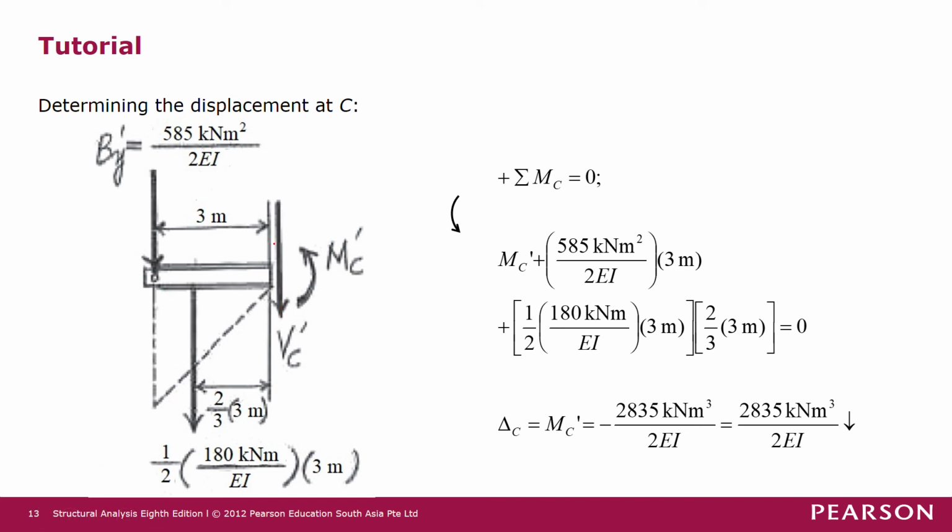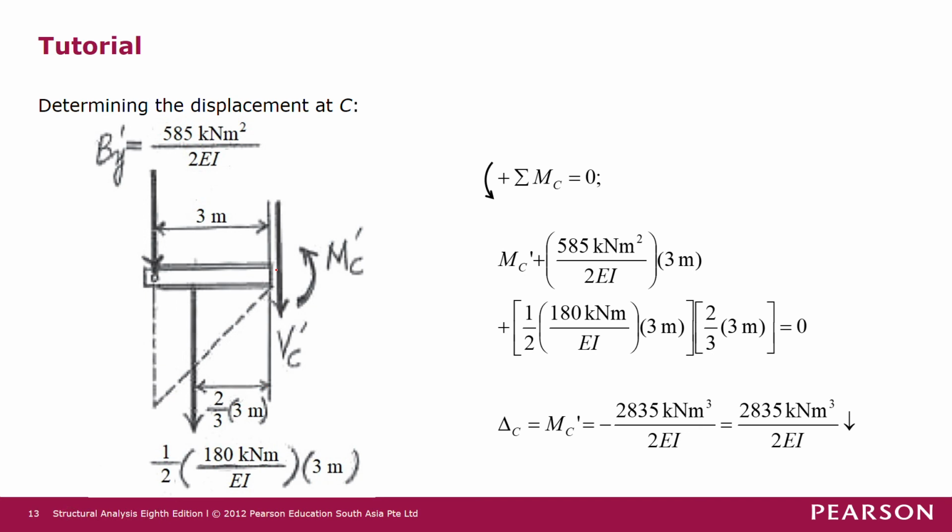So on this free body diagram, we have this triangular load, and when we calculate the resultant, it is 180 kilonewton meter over EI here, multiplied by 3 meters multiplied by half. So that will be the magnitude of the resultant force of the triangular load there. And then the distance here is just 2/3 of 3 meters.